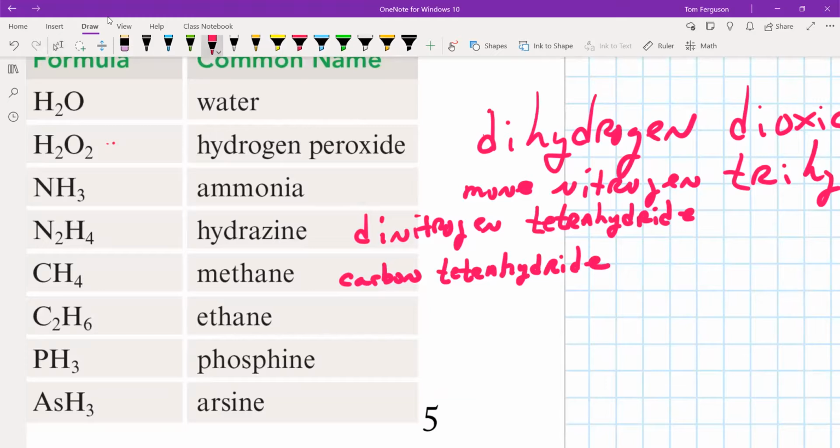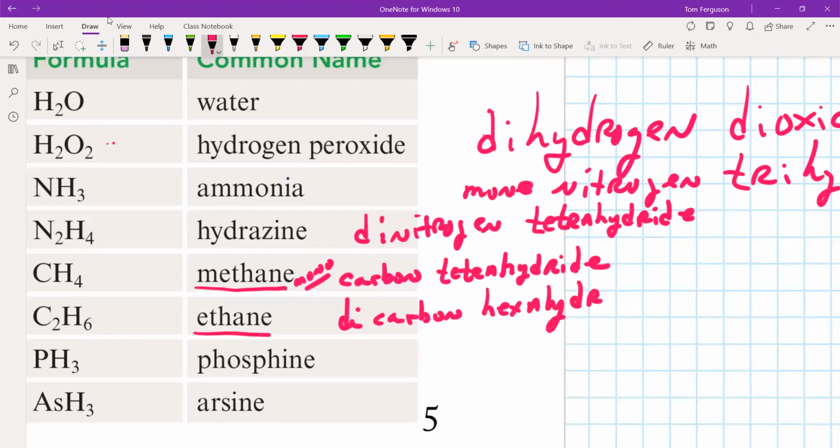By the way, these are not common names. When you get into OCHEM, this is an IUPAC name, but it is a common name also, but it's okay. So this is going to be, and this can be optional mono, dicarbon hexahydride.